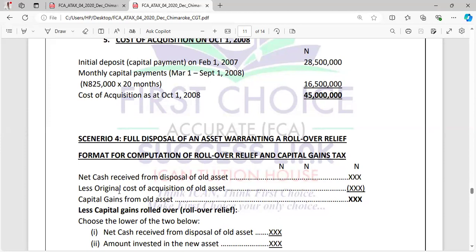Then we shall do a little review of scenario number 3, because I can also set scenario number 3, but most times they set scenario number 4 as the most favorite, followed by scenario number 3 before scenario number 2. Our next class is going to be on Wednesday.